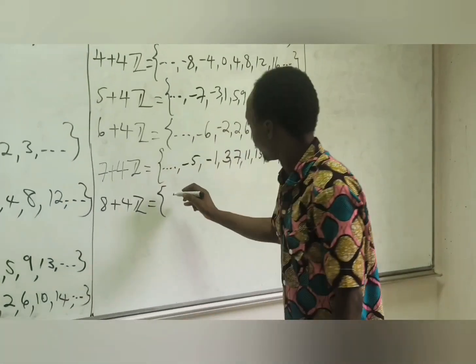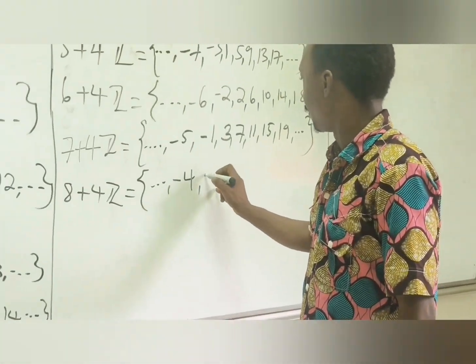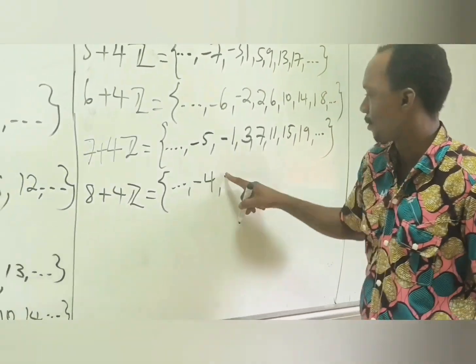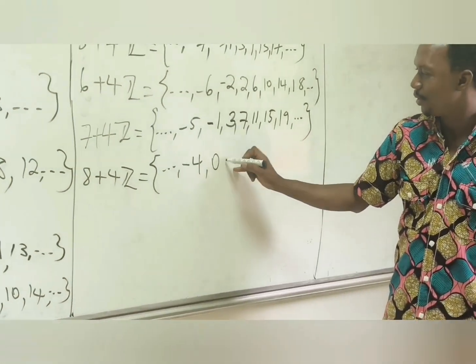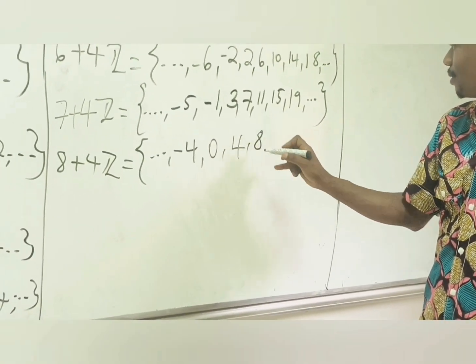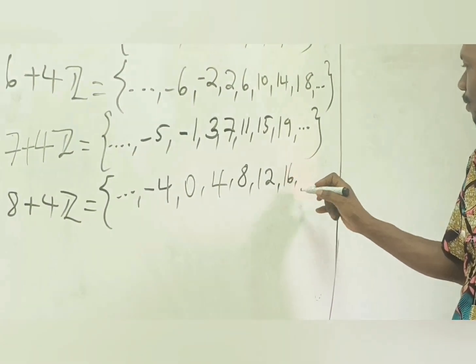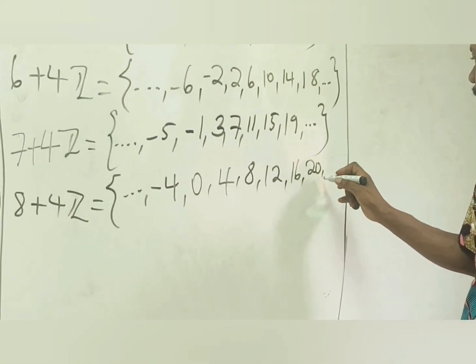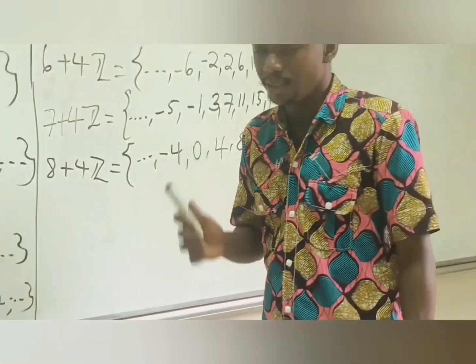What do we get? Negative 4. Then 0, 4, 8, 12, 16, 20. Okay. Who can tell us what you have observed?